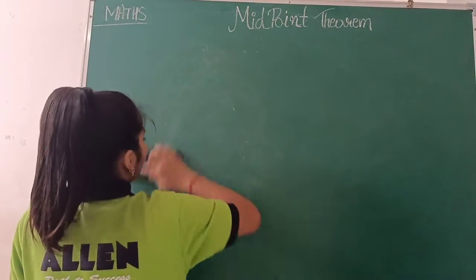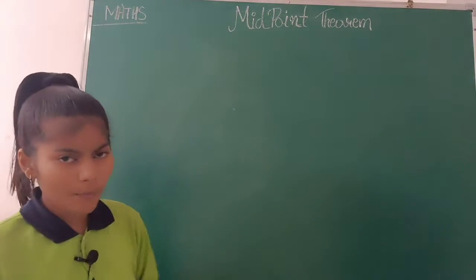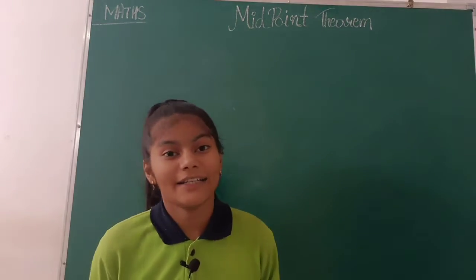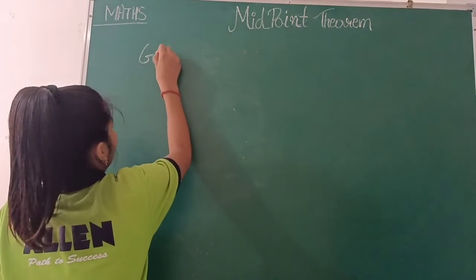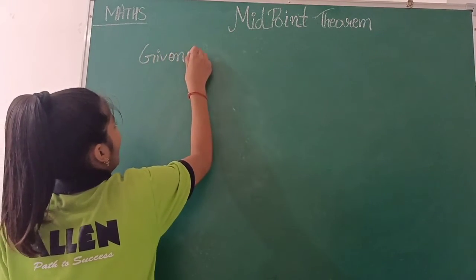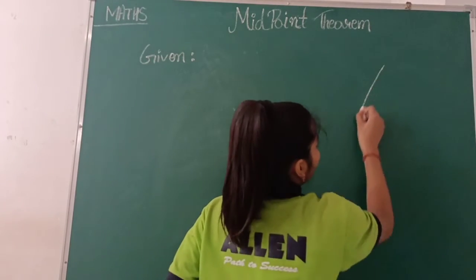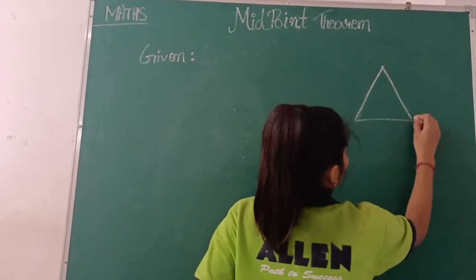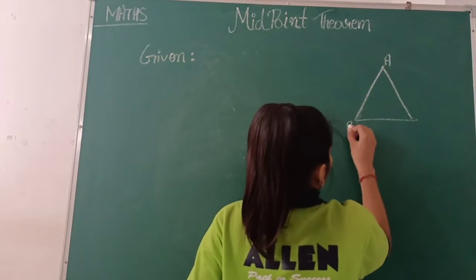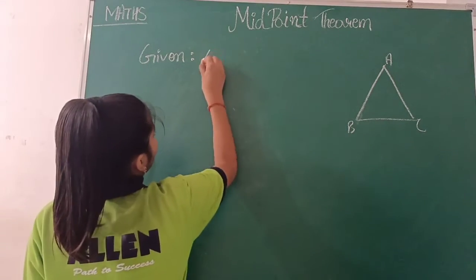If we talk about the proof of the midpoint theorem, first let us write the given statement. We have a triangle, let me draw it here.